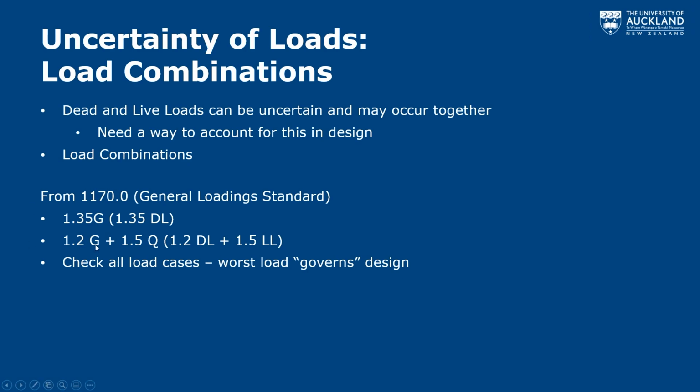So you can see we're doing quite a big jump here. And what we want to do is that we've got all of these different load cases available in our loading standard. And then when we determine our capacity, we take whichever one provides the most demanding action. So the highest bending moment, the highest shear. And that's what we're going to say is going to govern the design, whatever loading combination governs the design.